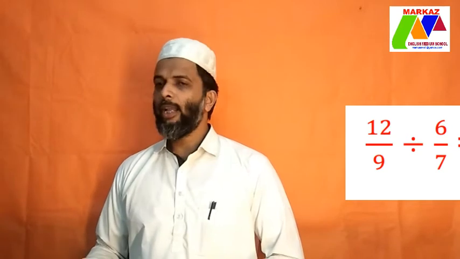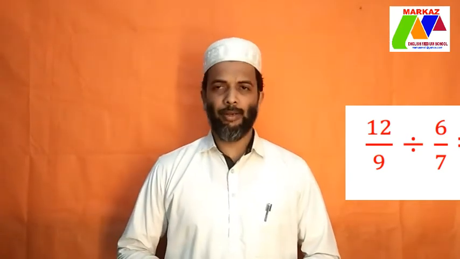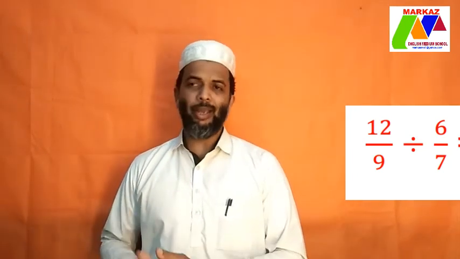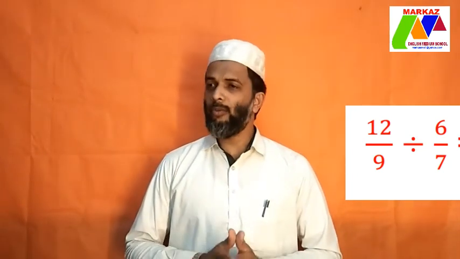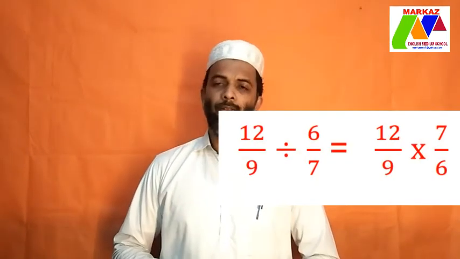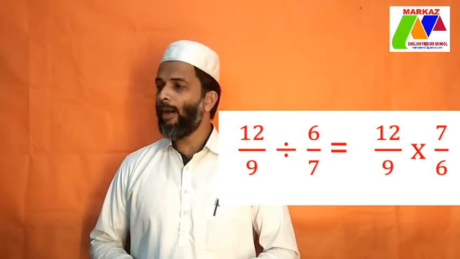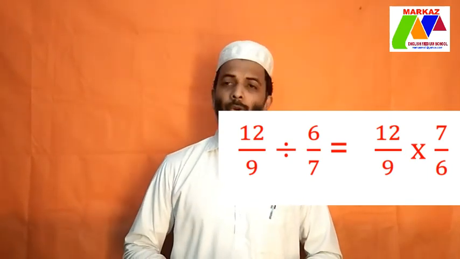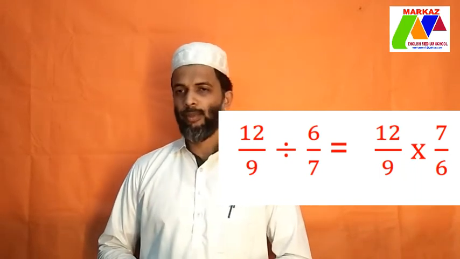What do you do first? Change the divisor to its reciprocal and also change the division sign to multiplication. 12 by 9 divided by 6 by 7 is equal to 12 by 9 into 7 by 6.